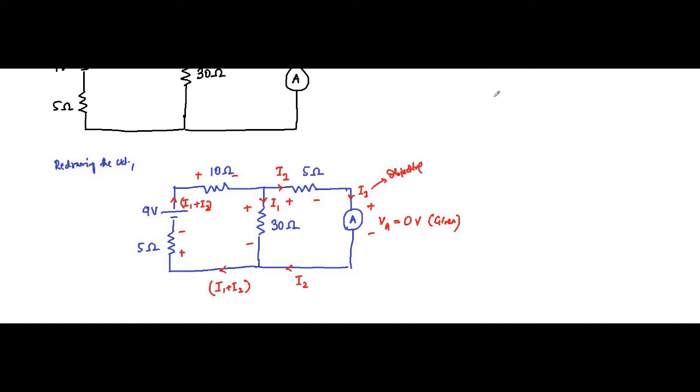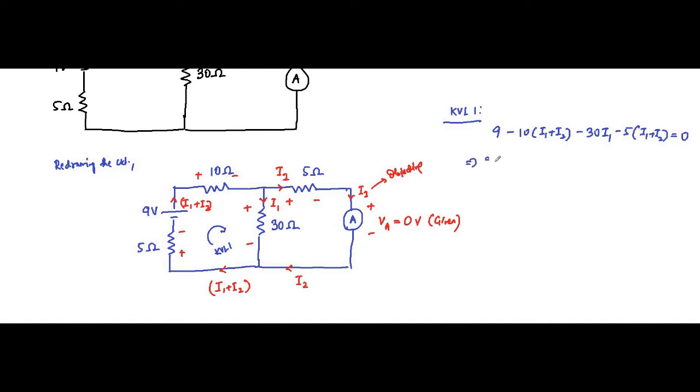So let us write the KVL equation for the first loop, KVL equation 1. 9 volt minus 10 into (I1 plus I2), I1 plus I2 flowing through this 10 ohm, then minus 30 I1, positive to negative, I1 flowing through 30 ohm, then minus 5 into (I1 plus I2) equals 0.